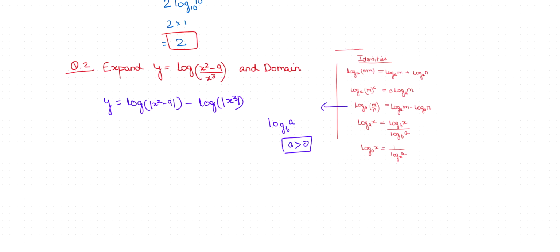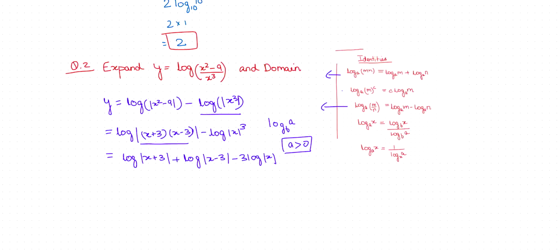Now let's further expand. We know x square minus 9 is equal to x plus 3 times x minus 3. We'll use the a square minus b square formula. Now using the product property for this, and we will use rule number 2 for log base 10 of x cube.